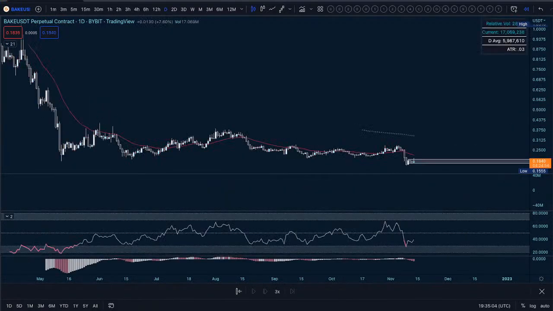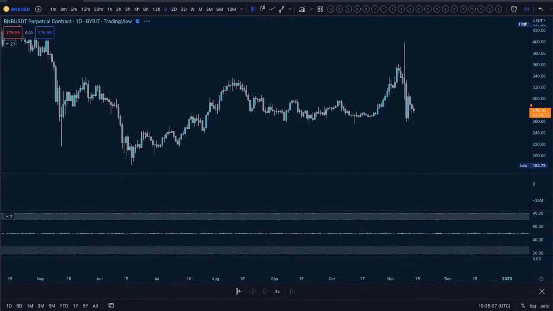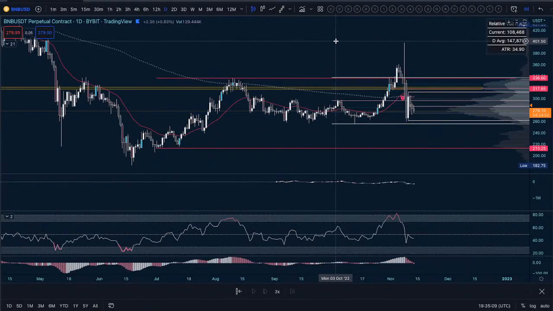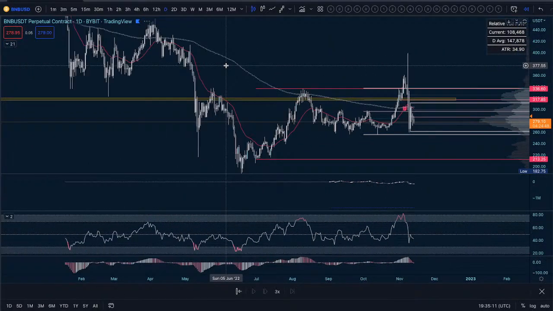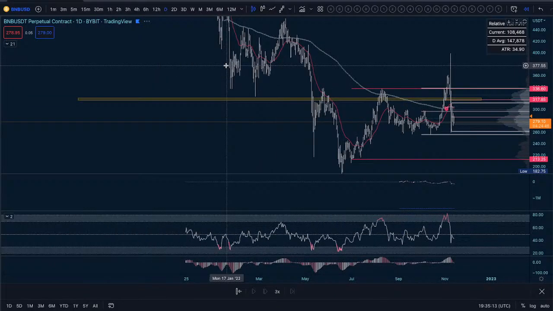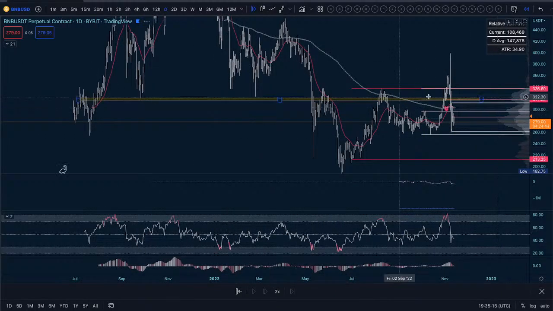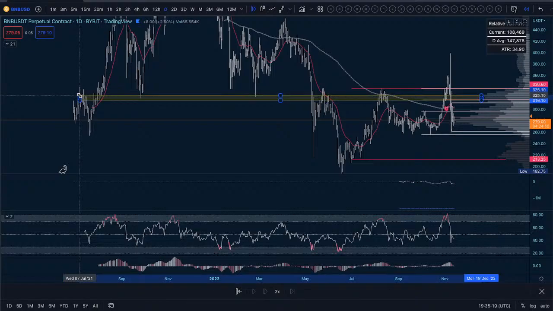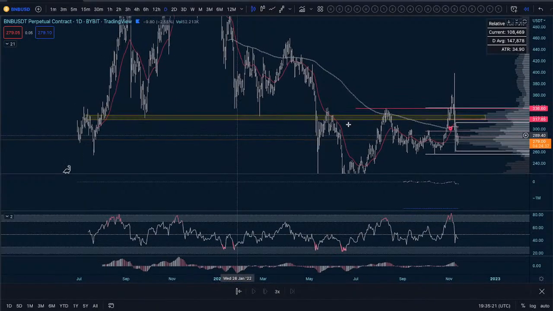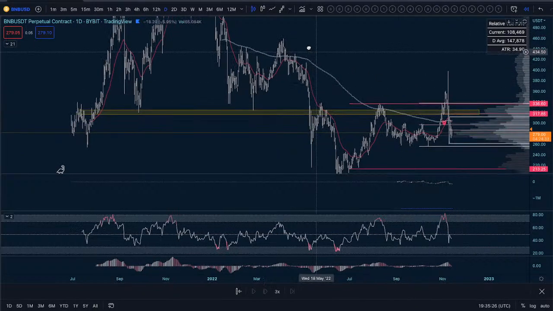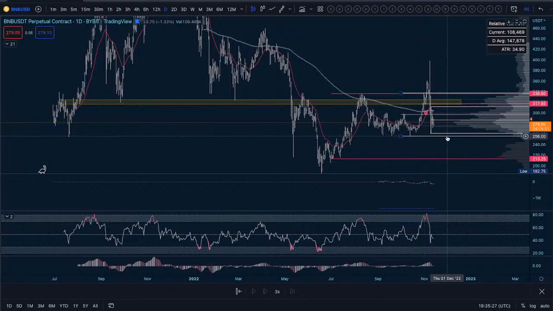Let's see what else we have. Let's check BTC and ETH first, the majors. What's going on? Okay, this area around 320 was the big level for BNB. It tried to break out, couldn't hold above, and we're trading there now.